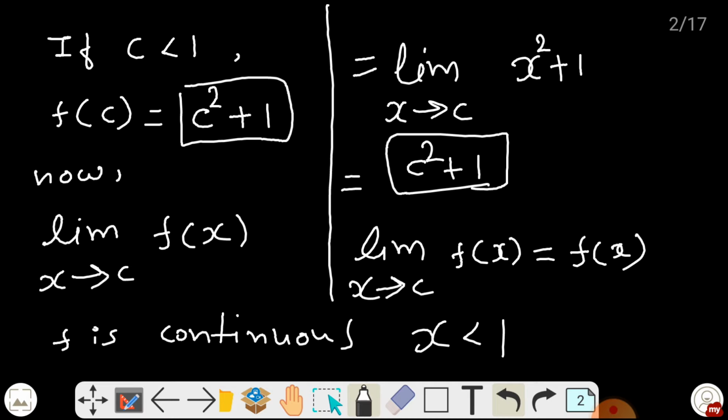Okay, now let us move to the next one. Next we have the second case, which is if c is equal to 1. We have to check that it is continuous at 1. So how will we check that?